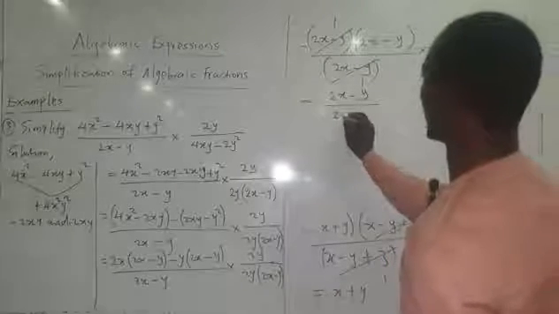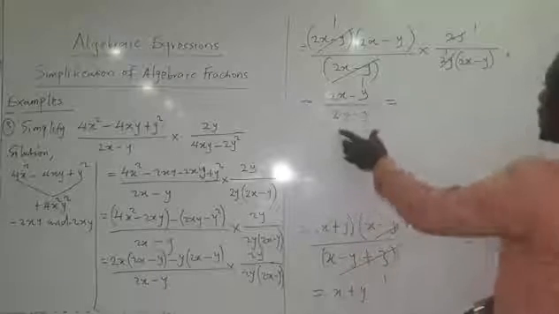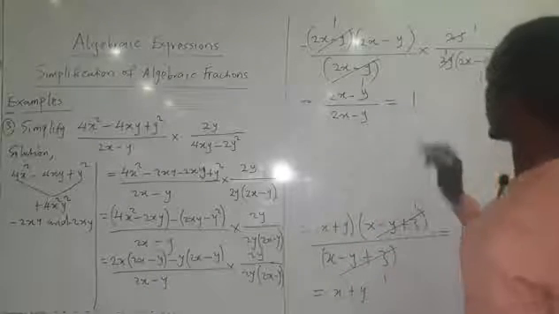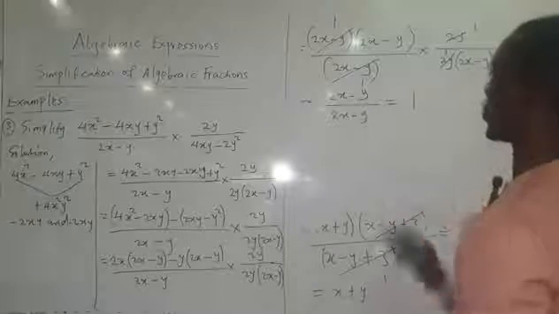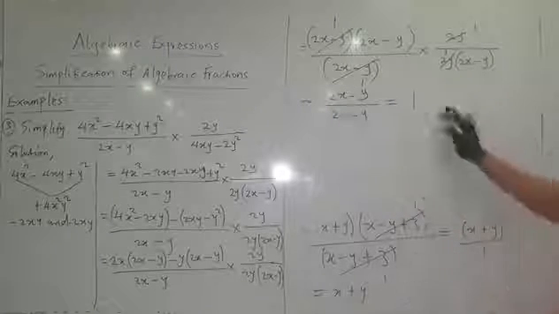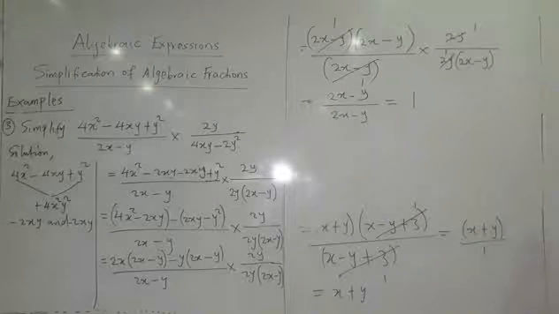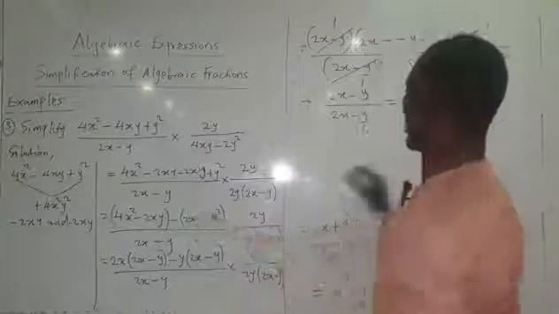That is 2x minus y divided by 2x minus y. The answer is 1. Don't just cancel y equal to y, x equal to x. No, it's wrong. Just write 2x minus y all over 2x minus y. The answer is 1. So the simplification of the third example is 1.